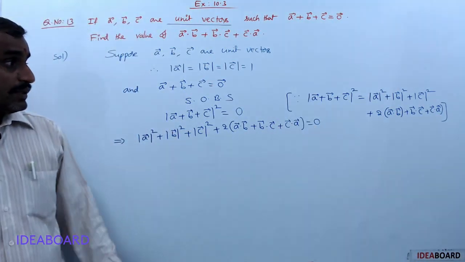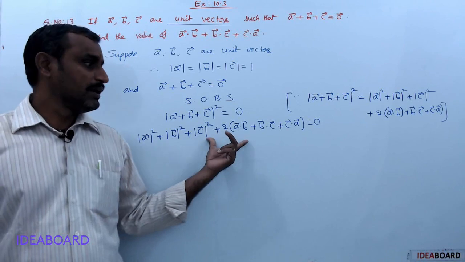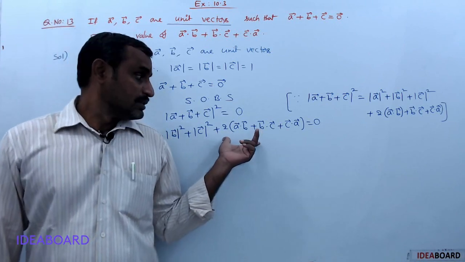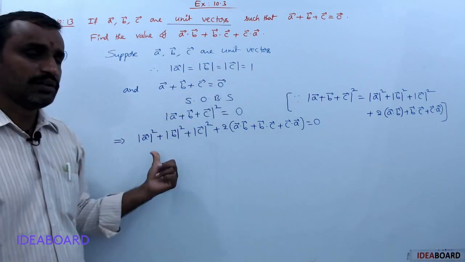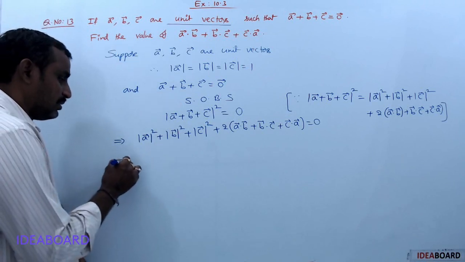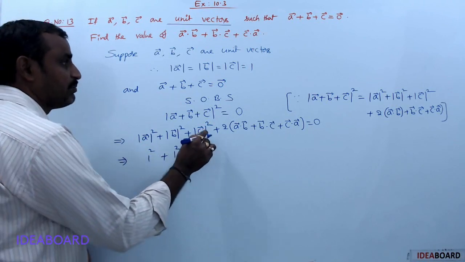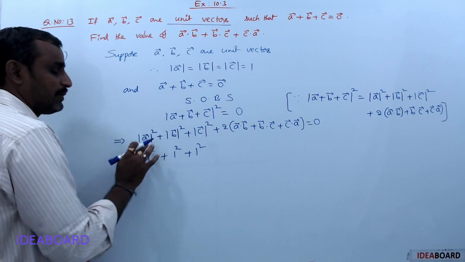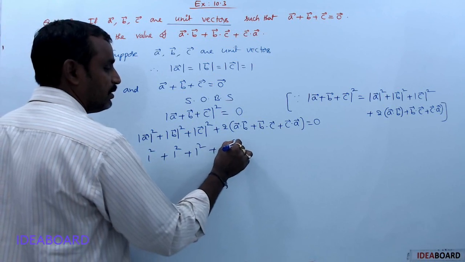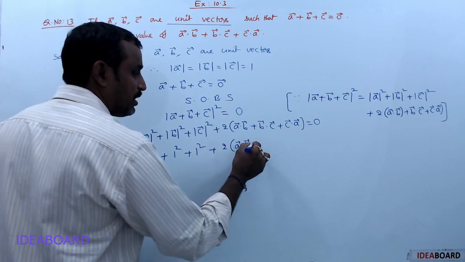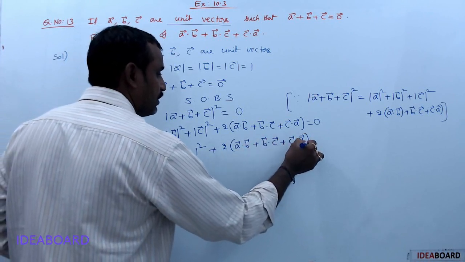Clearly, we applied the formula here. Now simplifying, we know the magnitudes of a bar, b bar and c bar are 1, so we get 1 square plus 1 square plus 1 square, plus 2 times (a bar dot b bar plus b bar dot c bar plus c bar dot a bar) is equal to 0.